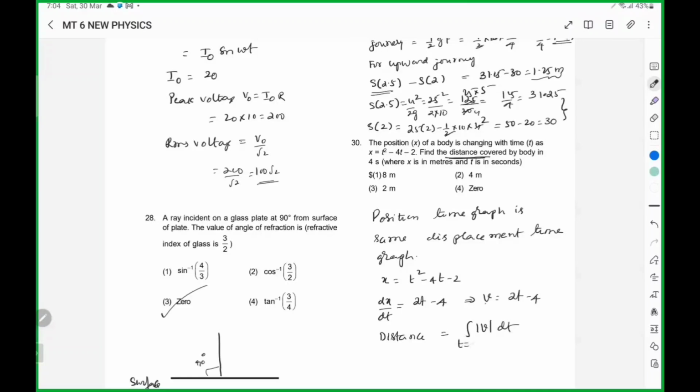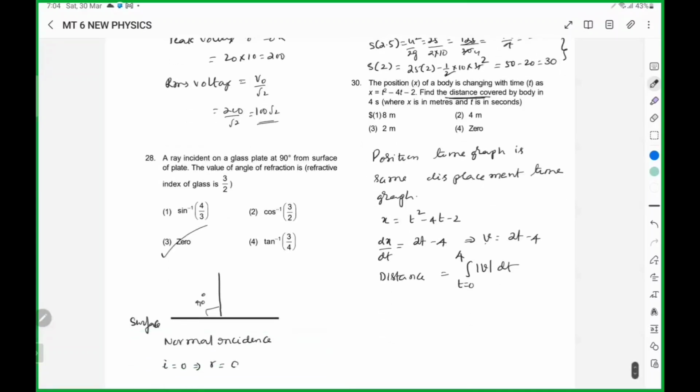Covered in 4 seconds, that is 0 to 4, which is 0 to 4 modulus of 2t minus 4 dt. 2 times 0 to 4 mod of t minus 2 dt. Integral 0 to 2 mod t minus 2 dt plus 2 to 4 mod of t minus 2 dt.